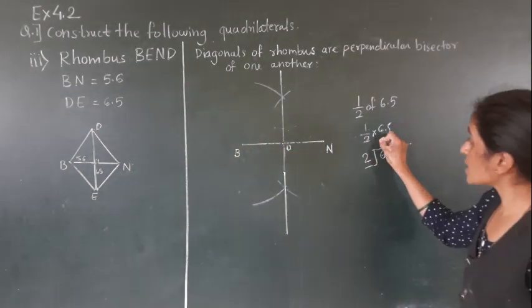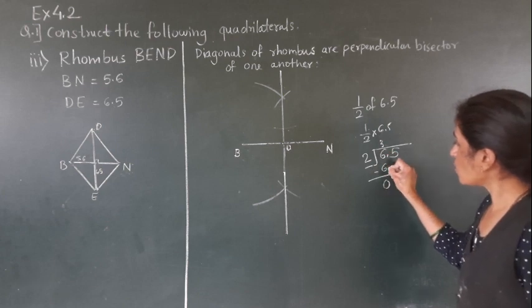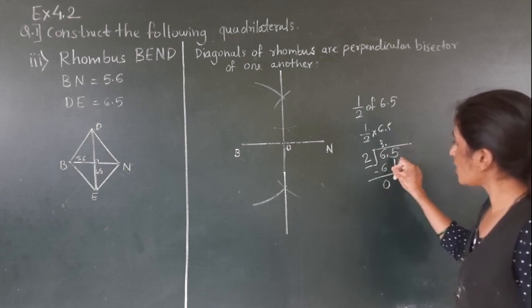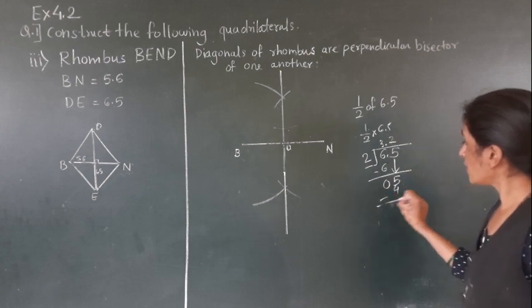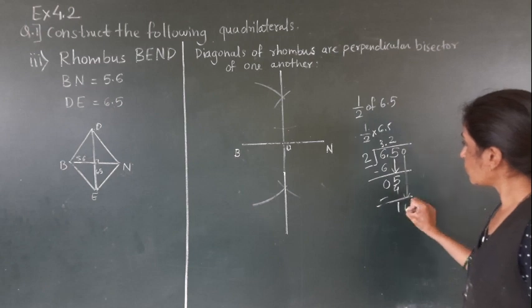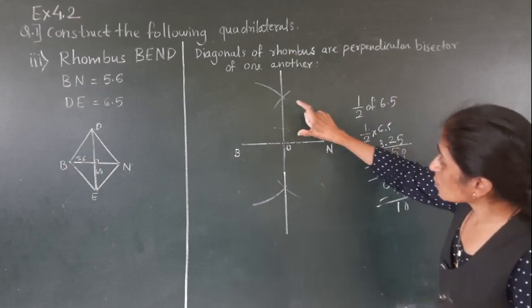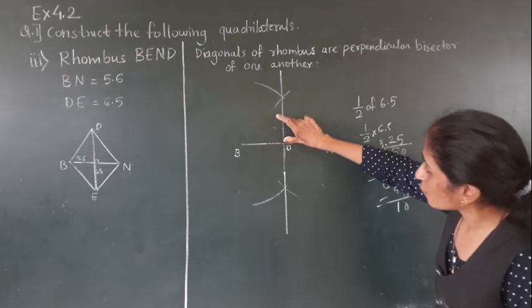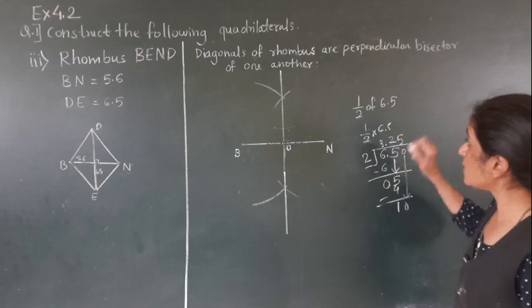Okay, so 2 threes are 6. 6 minus 6 is 0. Here give the decimal point. 2 twos are 4. Then 5 minus 4 is 1. Take 0, 2 fives are 10. So we get 3.25. From here 3.25 and from here 3.25, then we get 6.5.